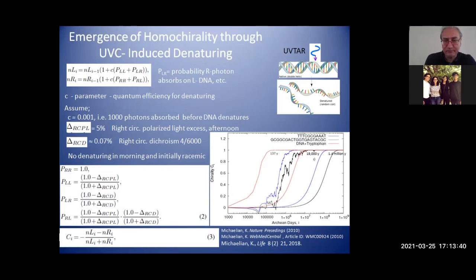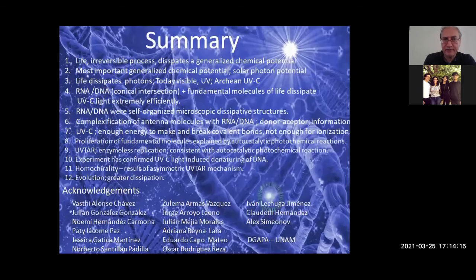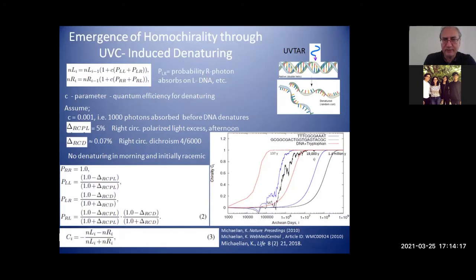But for example, if we do it for DNA plus tryptophan, it would take only about 117 years, which is really nothing in the history of life on Earth, to get 100% circularly polarized DNA with that given circular polarization. Okay, and this is for the other DNA strands. Okay, so if there's no questions there, any questions?